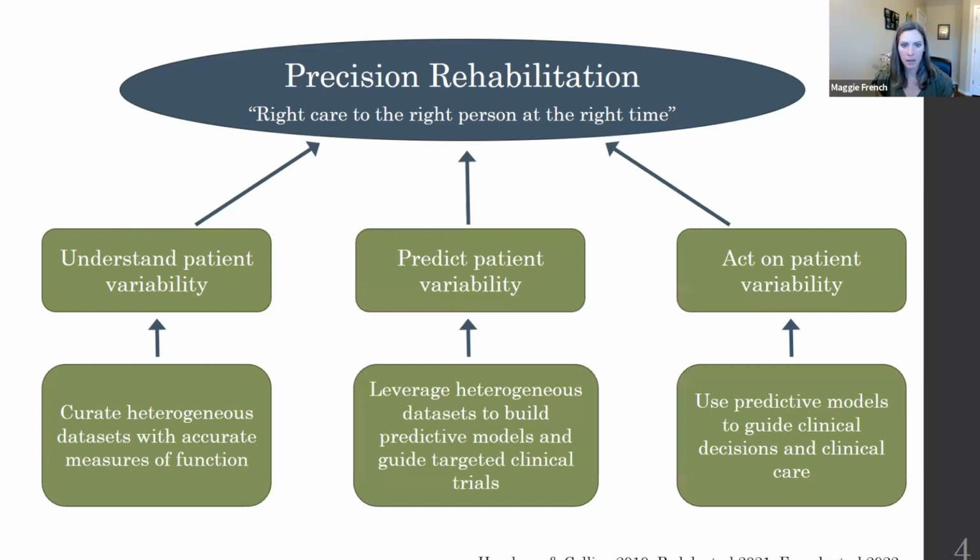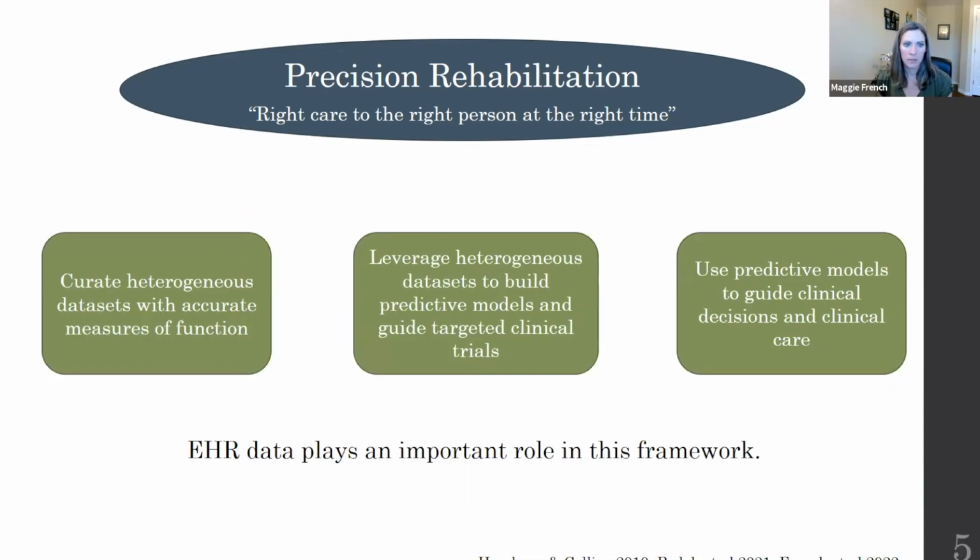And then we have to act on our patient variability during patient care. What this means is that we then have to take those predictive models and use them to actually guide clinical decisions. And so these three requirements of precision rehabilitation provide a really nice foundation for us to take advantage of electronic health record so that we can move towards precision rehabilitation.